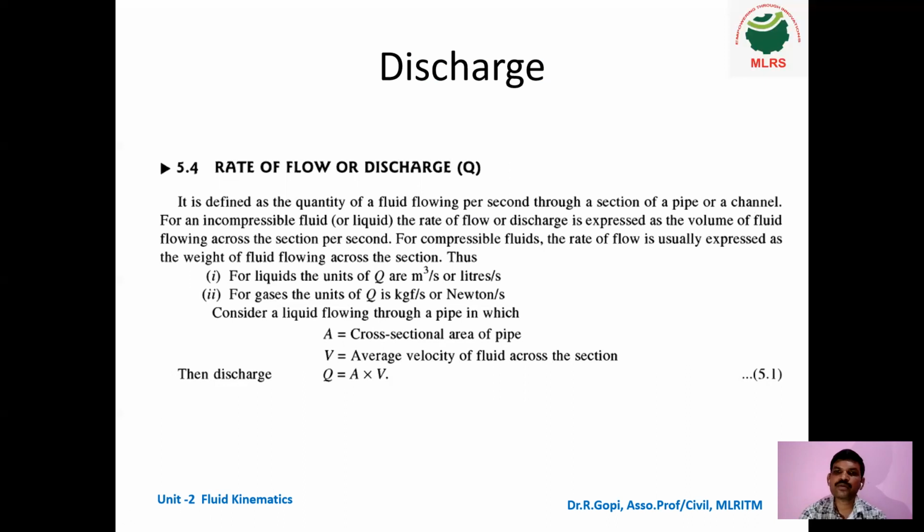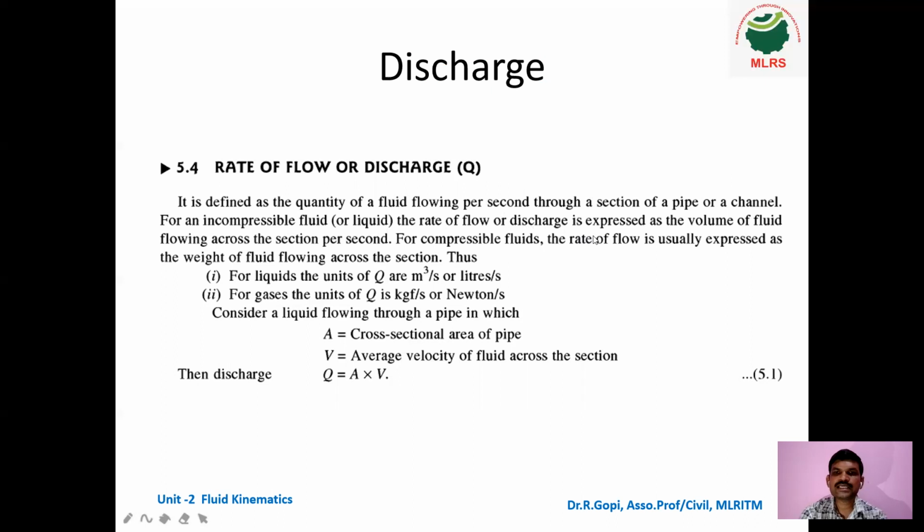It is applicable for pipe as well as channel. For an incompressible fluid, the best example of which is water, the rate of flow or discharge. The other name of discharge is rate of flow.